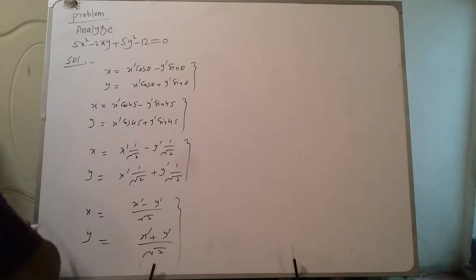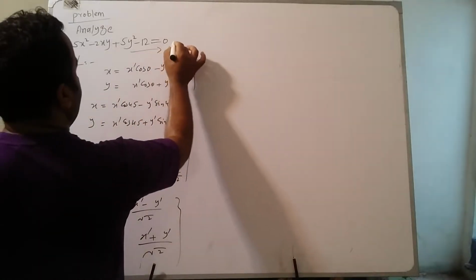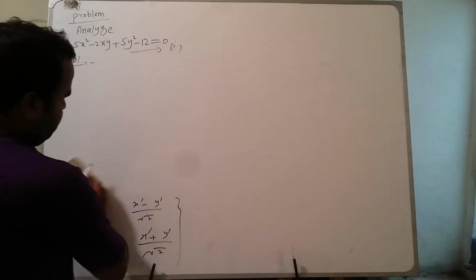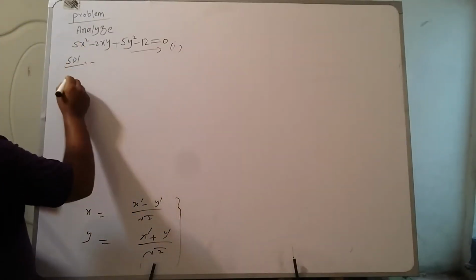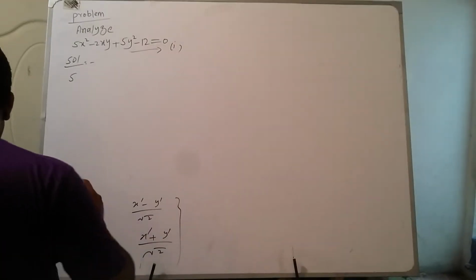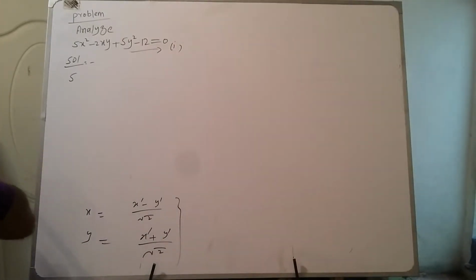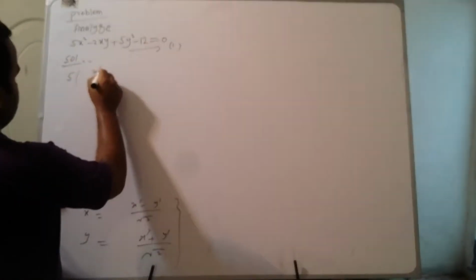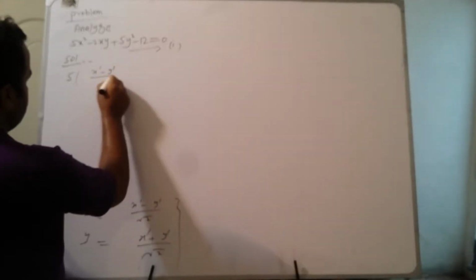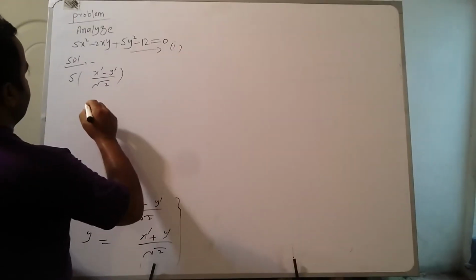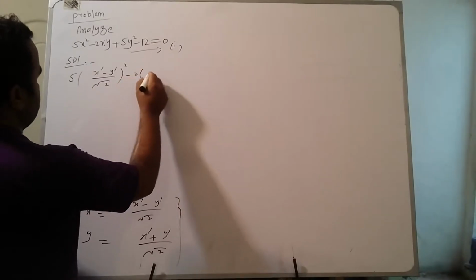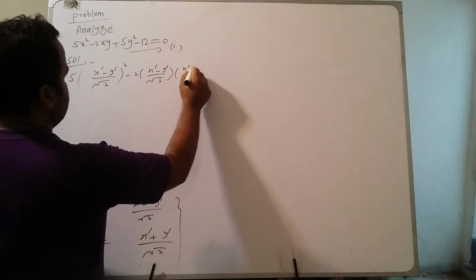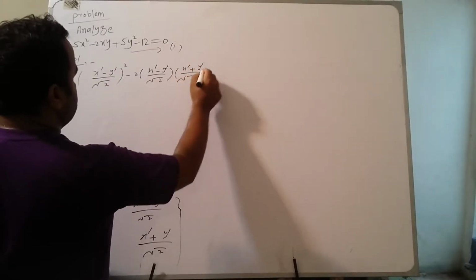Putting these equations of rotation in equation 1: 5 into x dash minus y dash over root 2, squared, minus 2 into x dash minus y dash over root 2 and x dash plus y dash over root 2, the value of y.